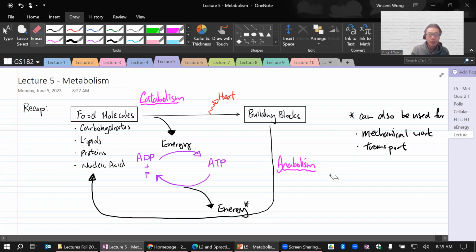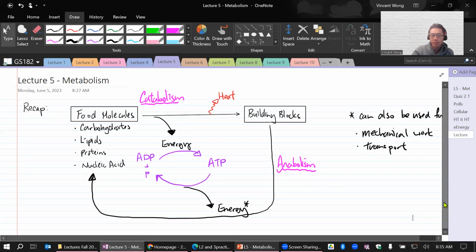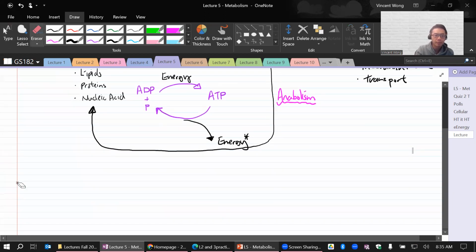Okay. So today we're going to be focusing on a very specific type of catabolic reaction that is the preferred reaction our body uses for creating ATP. Okay? And it's not the first time we hear about it. Okay, so we're going to be learning about cellular respiration.